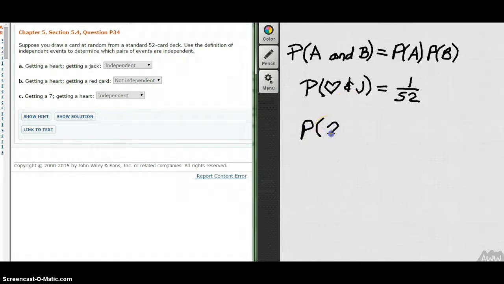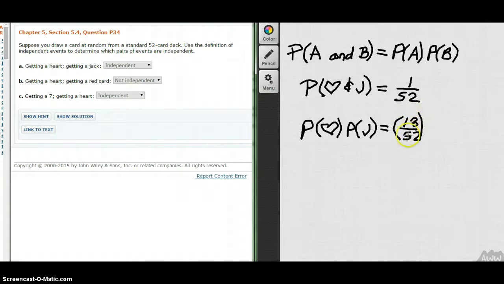Probability of heart times probability of getting a jack. Probability of giving us a heart would be 13 out of 52, because we have a heart in each of the denominations, ace of hearts, 2 of hearts, 3 of hearts, all the way up.